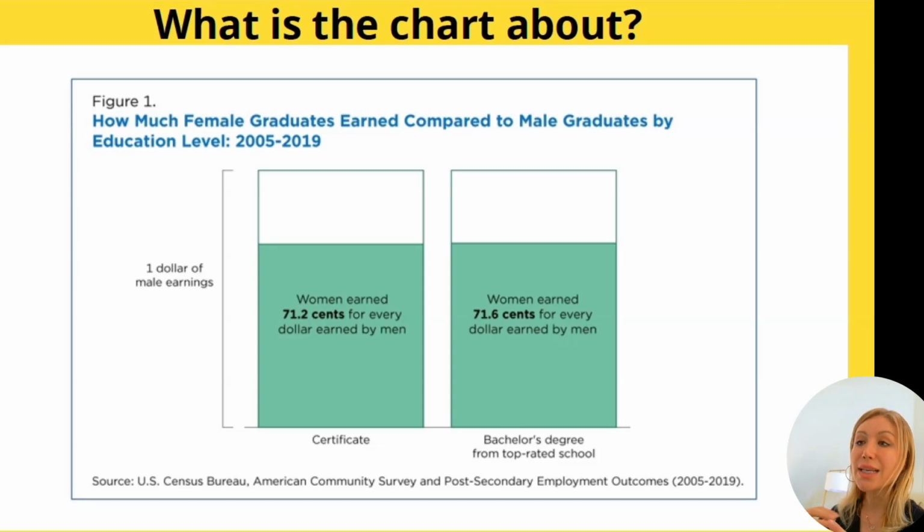That means the earning gap is roughly 28 to 29 percent in both cases, the certificate and the top-rated bachelor's degree school graduates, right? So the key takeaway here is not the exact cents. It doesn't really matter that much if it's 71.2 versus 71.3, right? There is a pattern that we must see. The size of the earning gap is remarkably consistent across education levels. Can we say that? We can pause here and let that sink in, right?